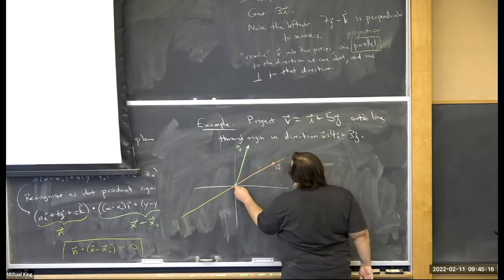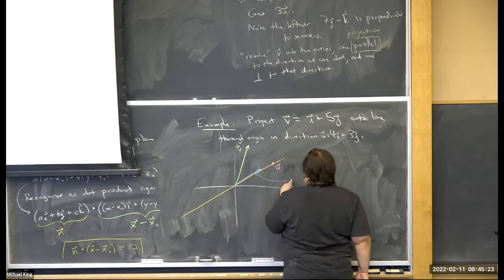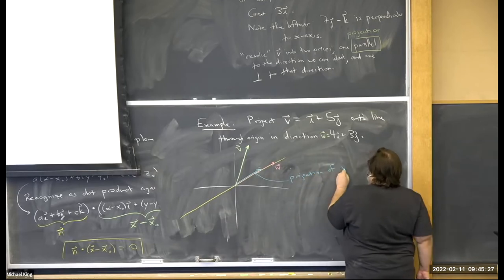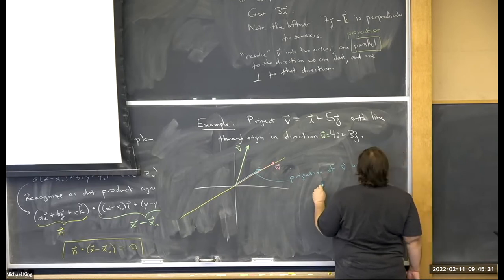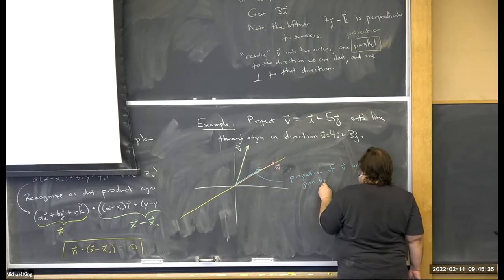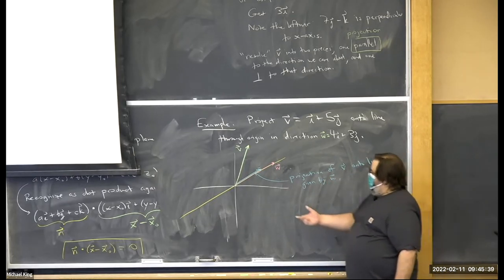Then the projection is going to be that vector right there. So this is the projection of v onto the line given by w. Does that make sense? That's what I'm looking for, the projection.